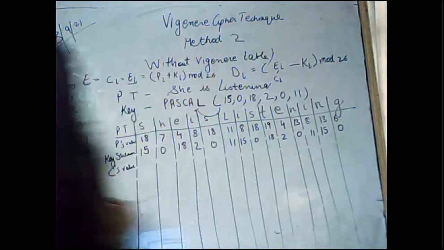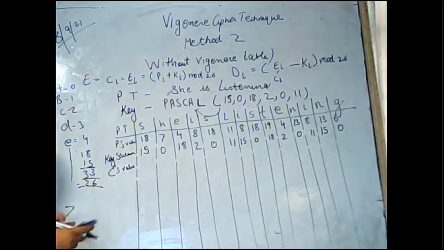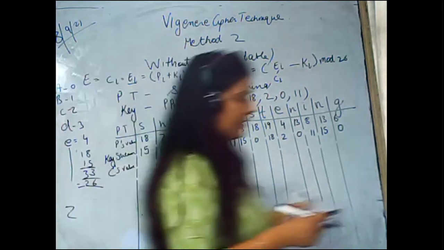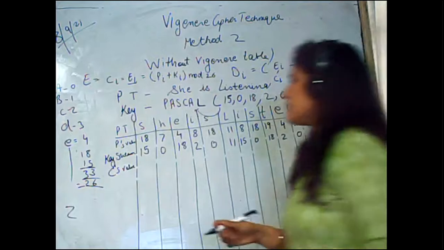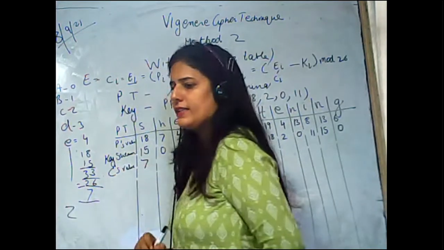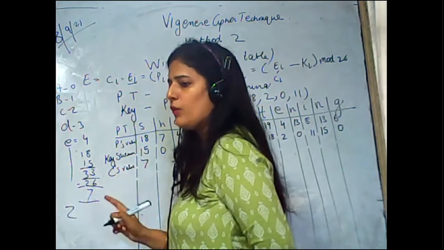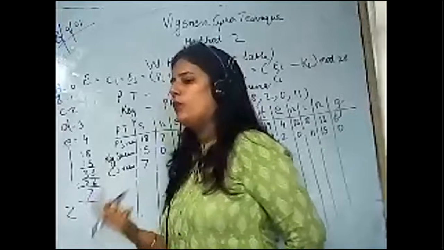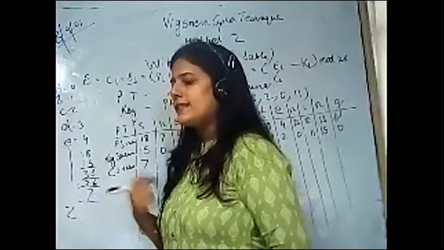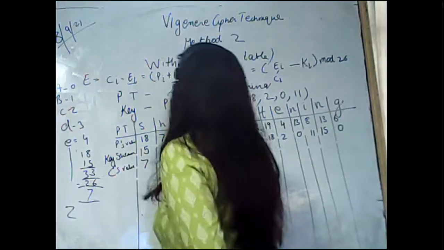So if my number exceeds 26, I just subtract 26 from it, that is 33 minus 26, which gives 7. So we write 7. This is done only if the sum of your addition exceeds 26. If it exceeds 26, you subtract 26 from the total sum, like this. Otherwise, you can write it the same.